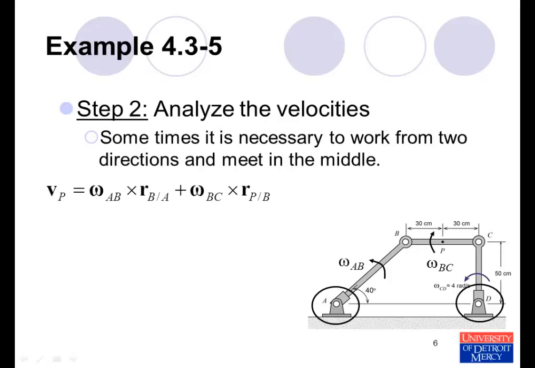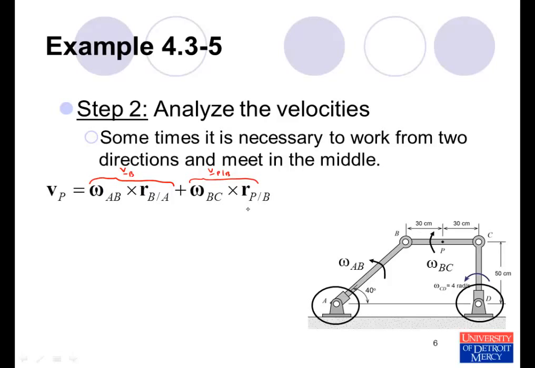So starting from A, we can get a velocity for P that looks like this, where this is the velocity of point B because B is moving in a circle about A. And then this is the velocity of P relative to B, where we're again considering point P as moving in a circle about point B.